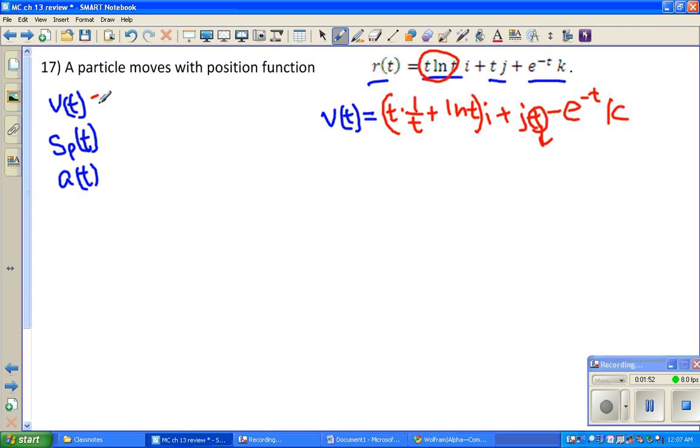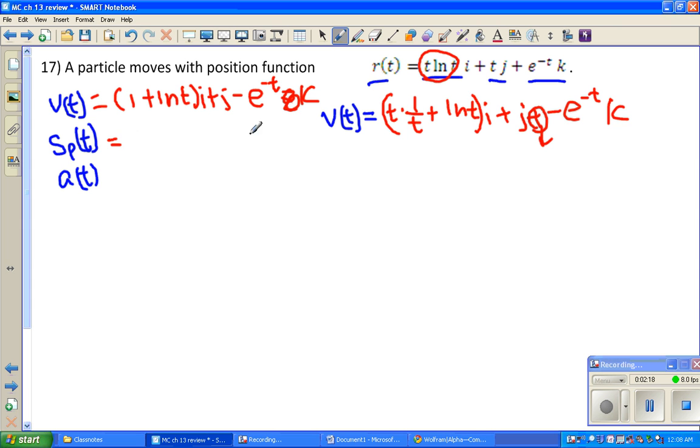So I'm going to write it up right here. And this first portion becomes 1 plus ln of t i plus j minus e to the negative t k. Alright, so let us look at the speed.